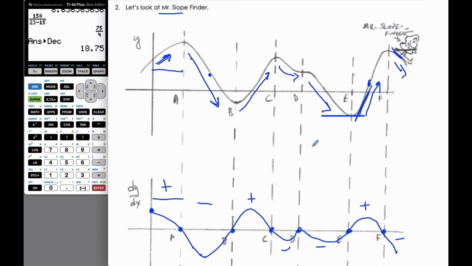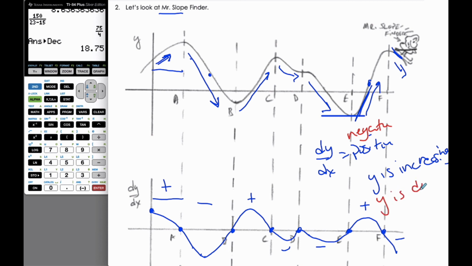And so whenever the derivative is positive, that means the original function is increasing. And similarly, if the derivative is negative, then y will be decreasing.